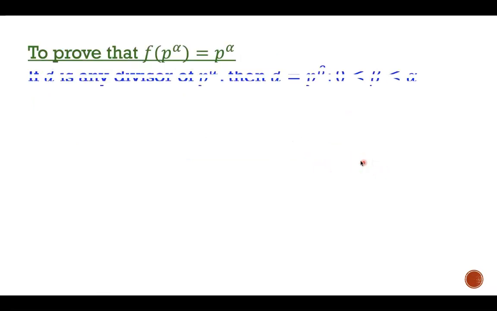To prove this, we consider d a divisor of p raised to alpha, and since p is a prime, we can see that no prime other than p will divide d. So, d will be of the form p raised to beta, where beta lies between 0 and alpha.